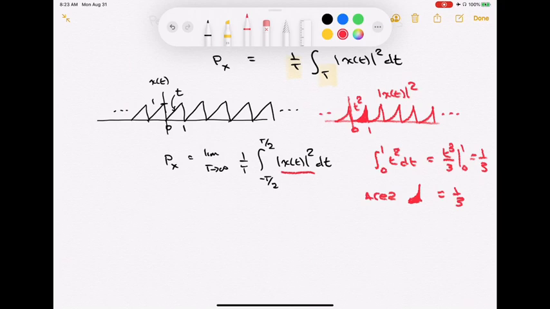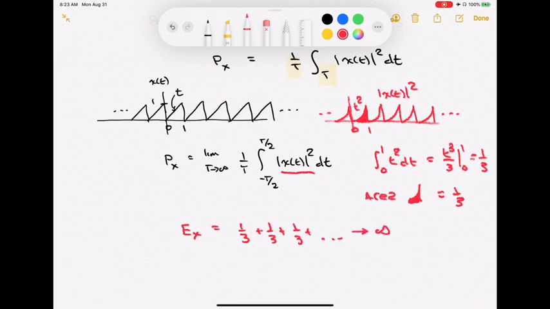If I wanted to know the energy of x, I'm going to get a third plus a third plus a third, and keep doing that forever, because there's an infinite number of these little pieces, each with area a third, and that heads off to infinity.